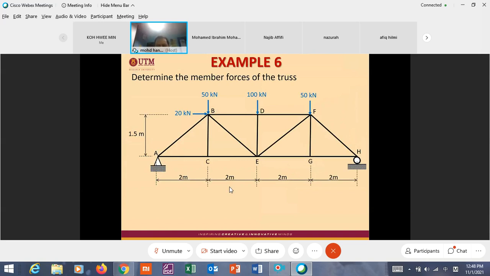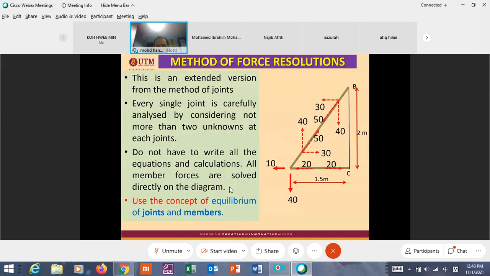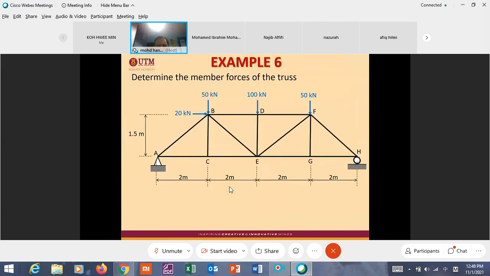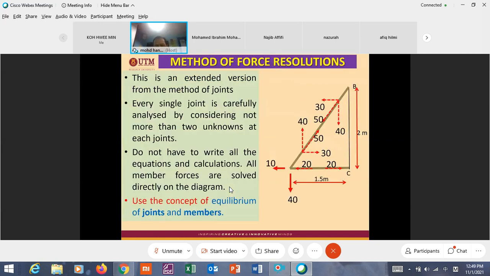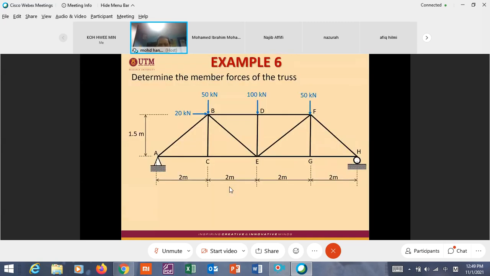Now, this example, I think there is no solution. I hope you can use the concept here to apply to this example. And then, if you have problem, I can show you the solution. Is it okay? Because I've shown you the basic concept.